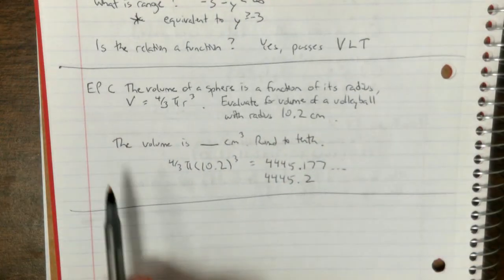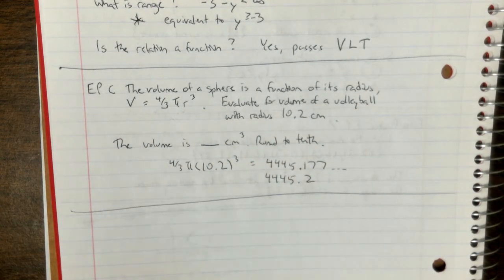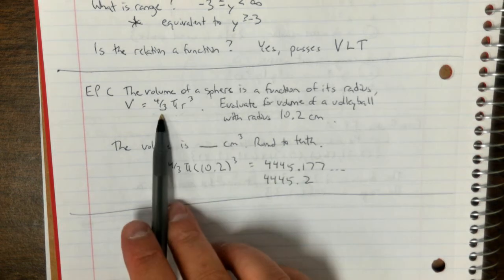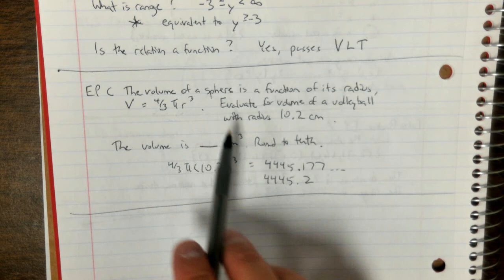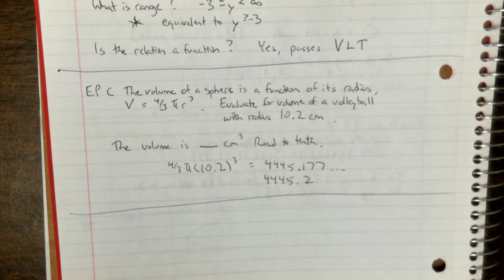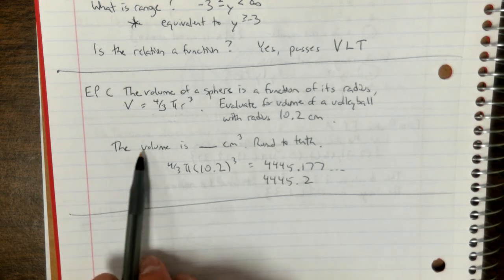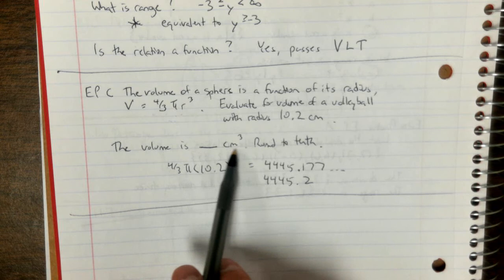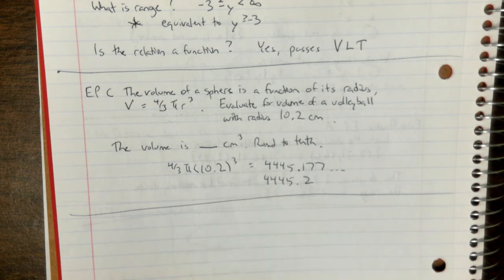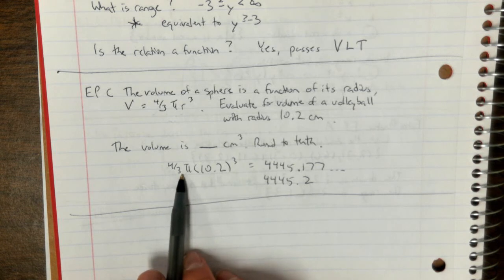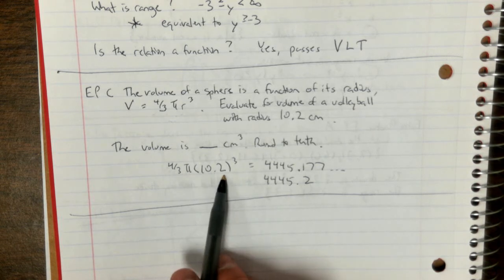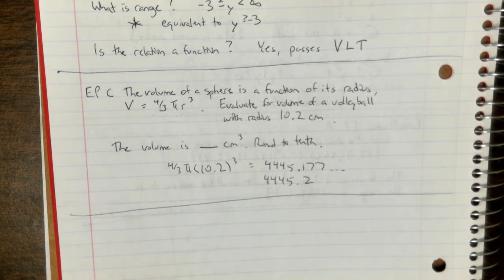And then for extra practice C, the volume of a sphere is a function of its radius, V equal 4/3 pi r cubed. Evaluate for the volume of a volleyball with radius 10.2 centimeters. And in the problem it says the volume is blank centimeters cubed, round to the 10th. So basically you do 4/3 pi times 10.2 to the third power.